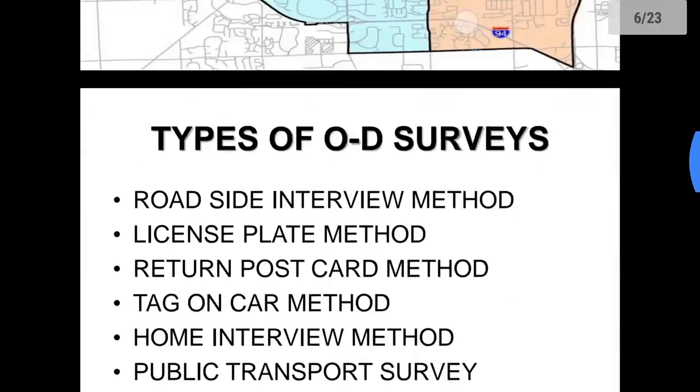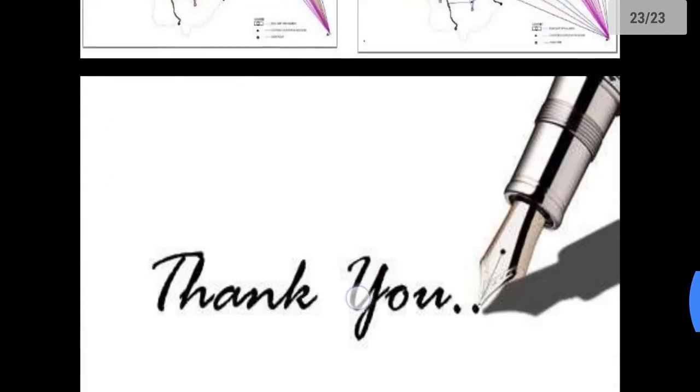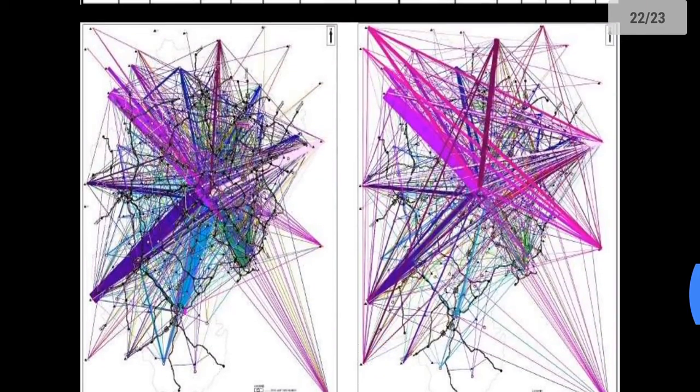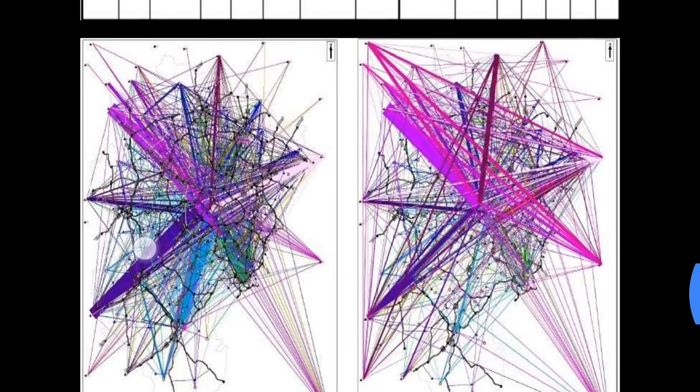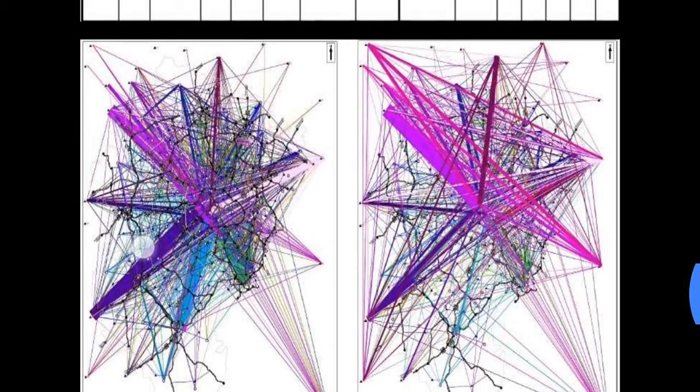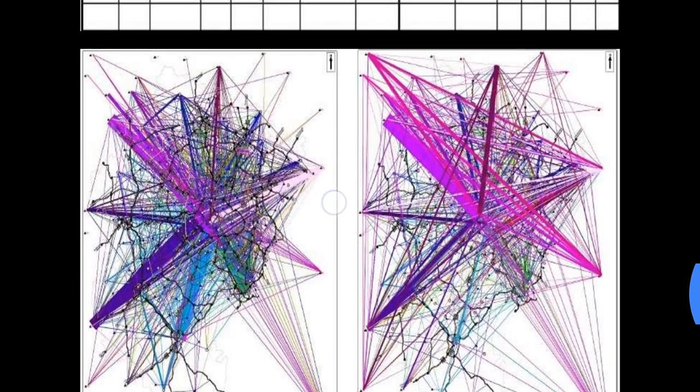Once you plot the desire line diagram, the thicker the line is, the more trips in that direction. The thinner the lines are, the fewer trips in that direction.